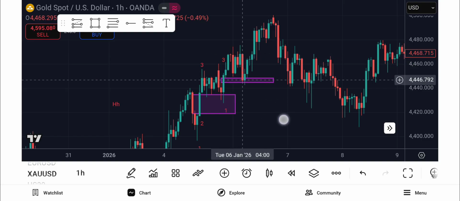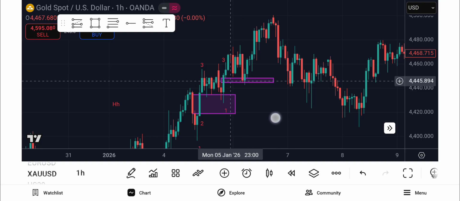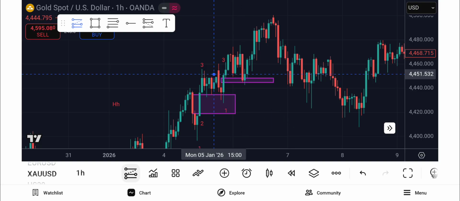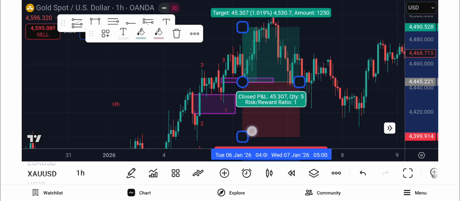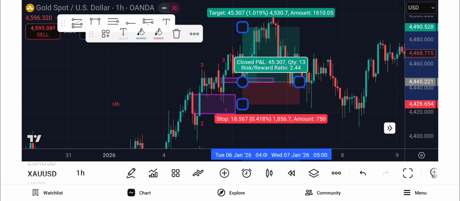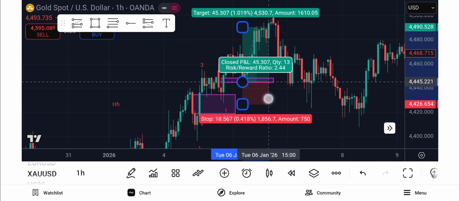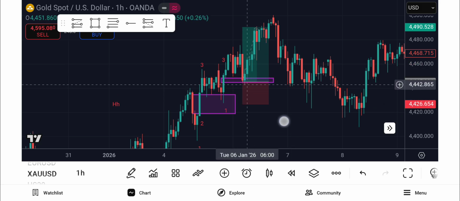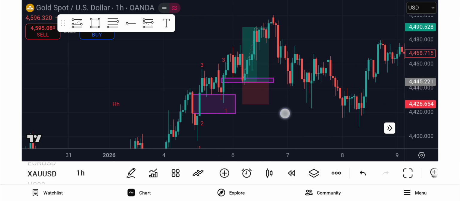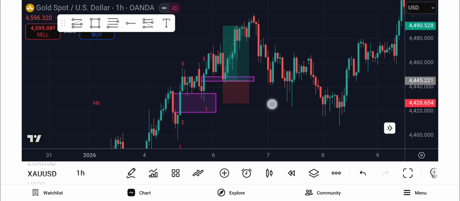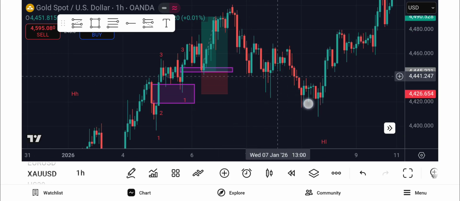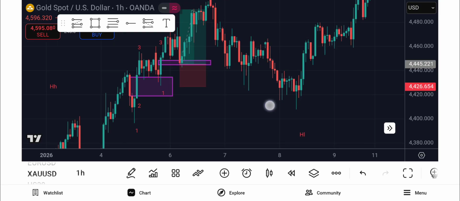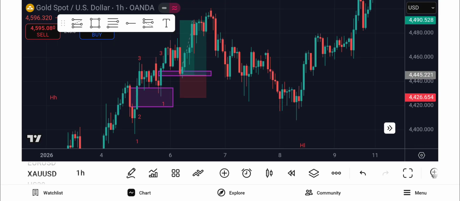You're waiting for price to come right back down into this fair value gap, and you could have entered again. Put the stop loss below this. Simple, easy. Every time, do that. In this situation, price went back down, but it doesn't really bother us, right?